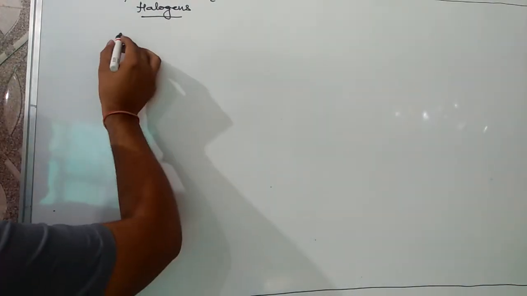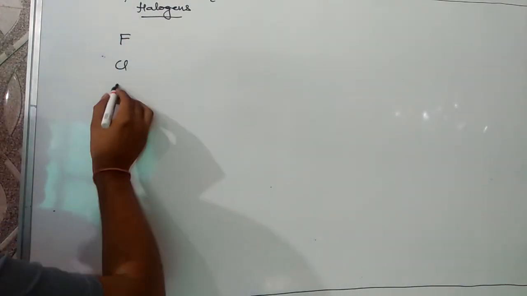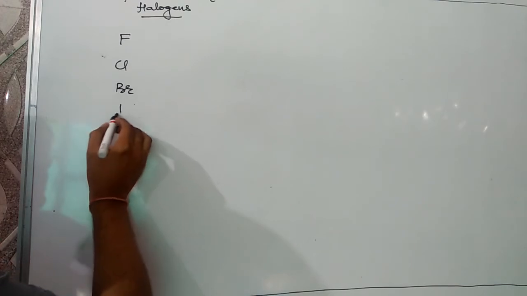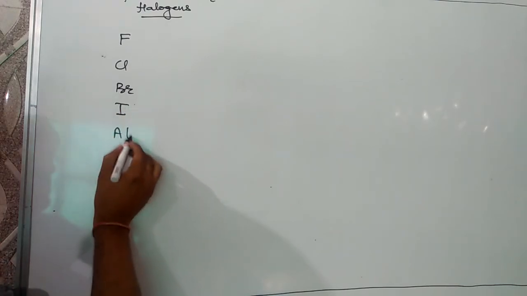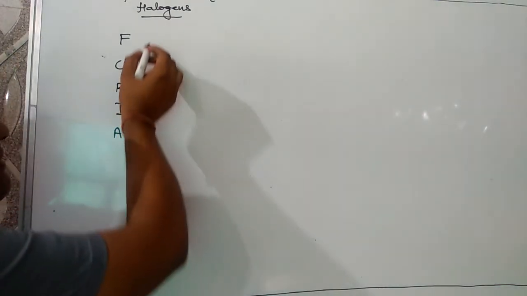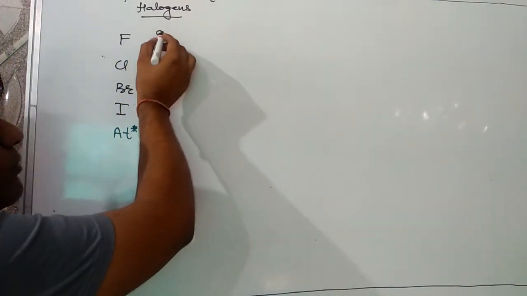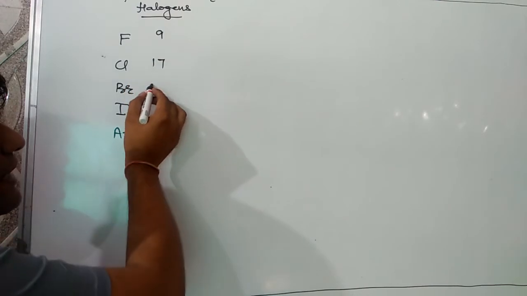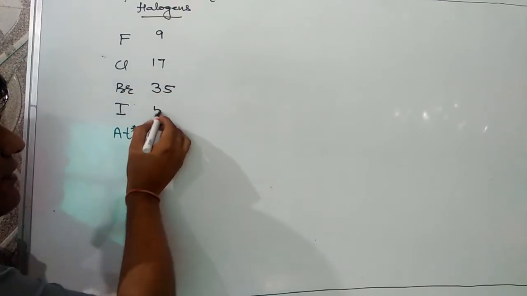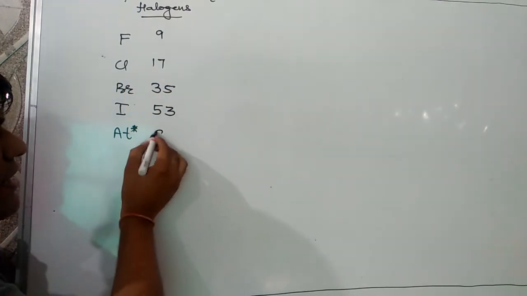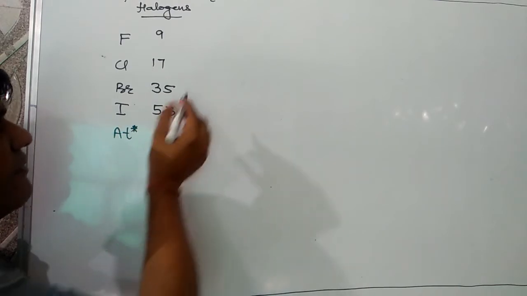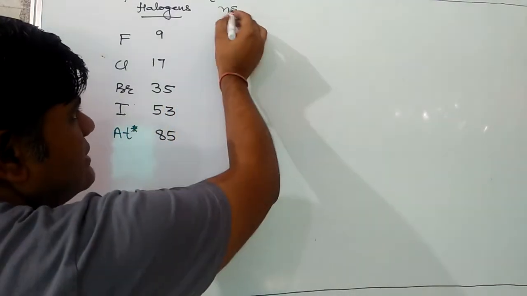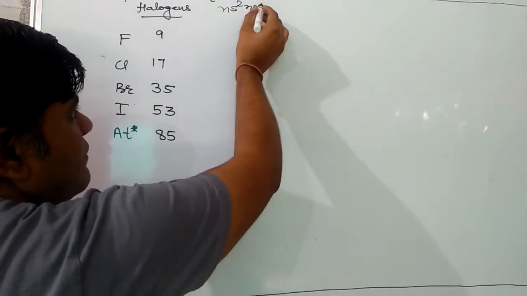And these are also 5 in number: fluorine, chlorine, bromine, iodine, and astatine. Astatine is the shortest lived element of the periodic table. Atomic numbers are 9, 17, 35, 53, and 85. Outer shell configuration is ns2 np5.